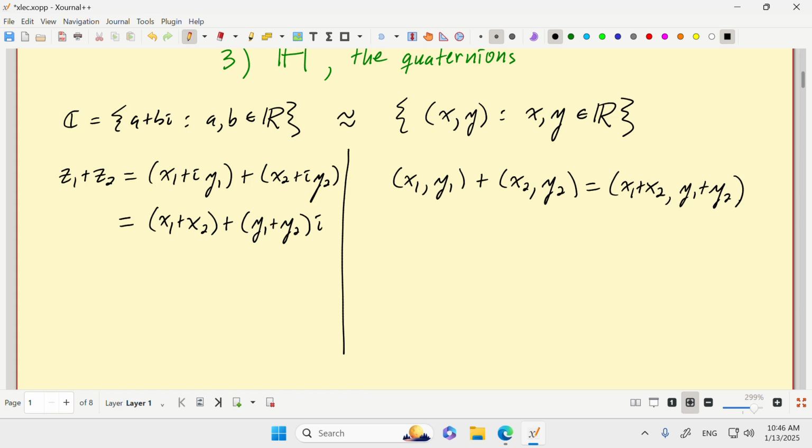And then when you multiply complex numbers, you multiply them like a polynomial. And when you do that, you get x1 x2, and the imaginary parts, when they multiply, you get an i squared. So you get minus y1 y2. That's the real part. And then the imaginary part is x1 y2 plus x2 y1.